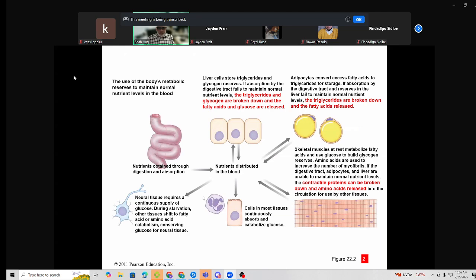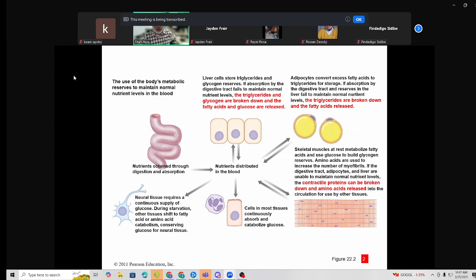Okay, here this is a summary of what I just mentioned, a summary of the nutrient pools, the use of the nutrient pools for making the energy.